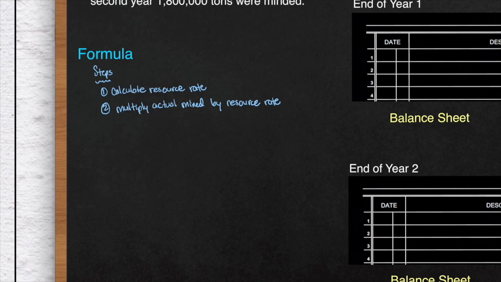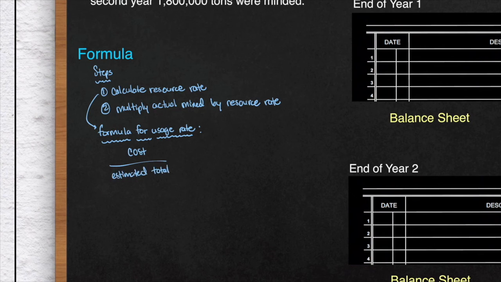Step 1 has a formula, so let's go over the formula for calculating that rate. The formula for the usage rate or the resource rate: you're going to take the cost of the mine divided by the estimated total resource.